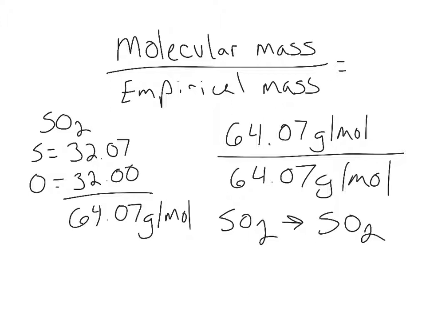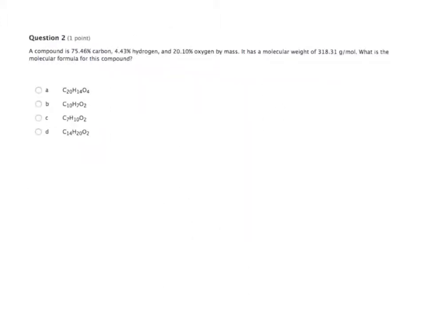All right, our next question to do, same steps, is we need to find the empirical formula first so that we can find the molecular formula. And this time we're dealing with 3 different elements in one compound. And so remember, whenever we have percent signs, we want to automatically change that to a gram sign because we're assuming we have a 100-gram sample. So 75.46 grams of carbon, and the mass of carbon is 12.01.